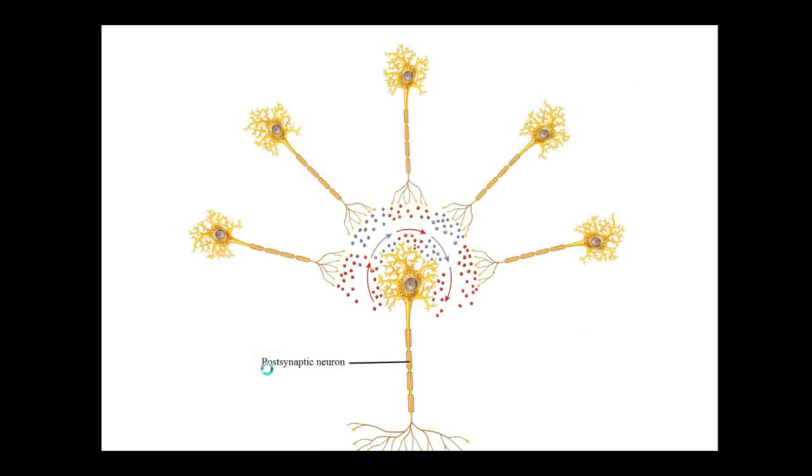Now the other thing that can happen is, in this particular picture, we have multiple presynaptic neurons firing to 1 postsynaptic neuron. Is that temporal or spatial summation? If you said spatial, you're correct. We'll notice that presynaptic neuron 1 is sending excitatory neurotransmitters, so that means they're opening gates on the postsynaptic neuron's membrane that cause EPSPs, that cause depolarization, excitatory postsynaptic potentials.